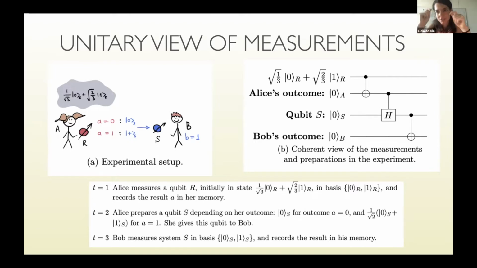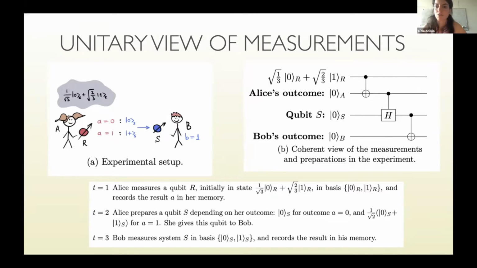Then, depending on the state of her memory, her experience, she'll prepare this qubit S in one of these two states: if qubit S starts in state 0, she will apply a Hadamard if she saw outcome 1 and otherwise leave it alone. So how would Wigner model this? From the outside, it's a controlled Hadamard, controlled on Alice's memory. She gives this to Bob. Bob measures, which is again a C0, as in from the outside.